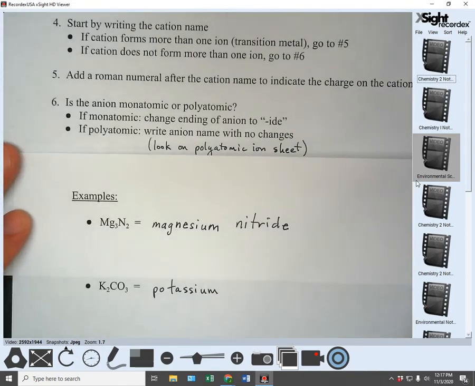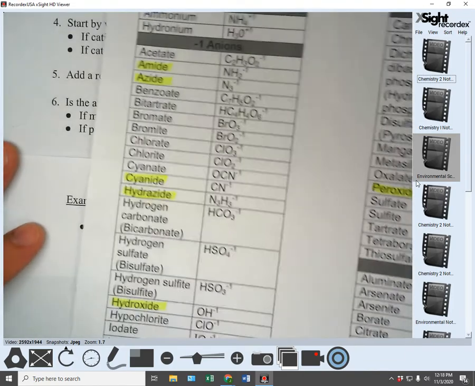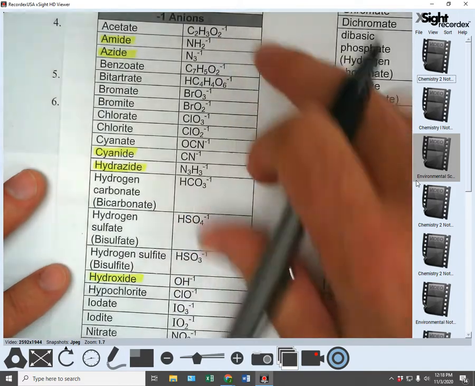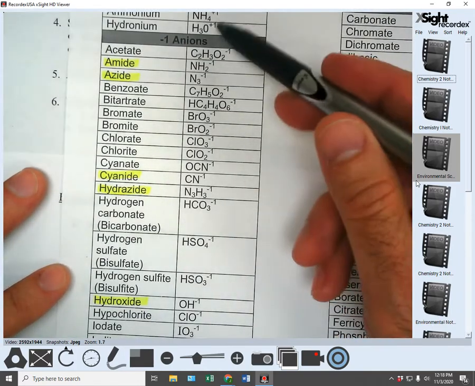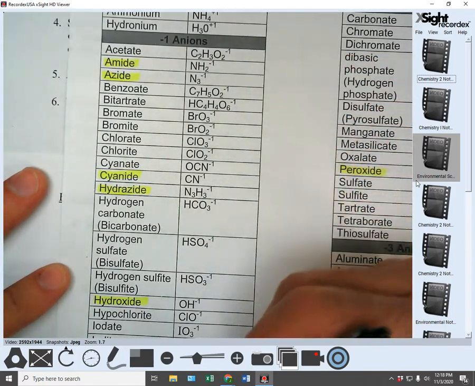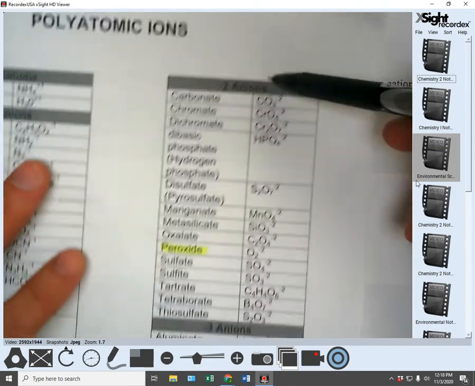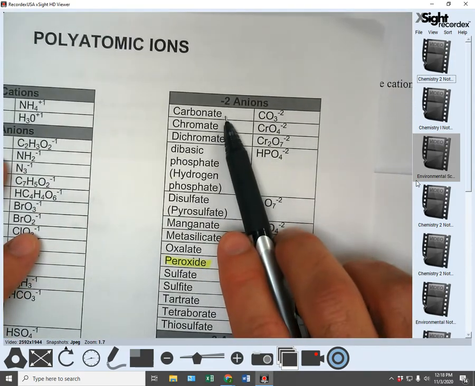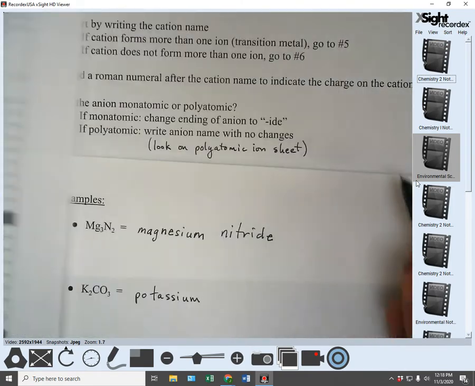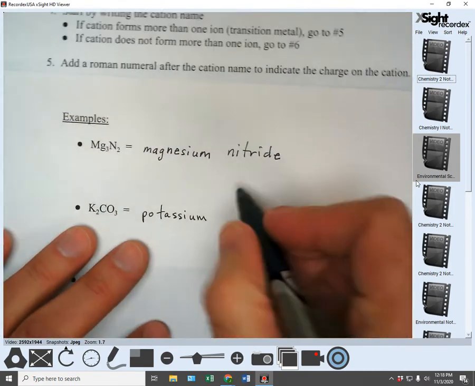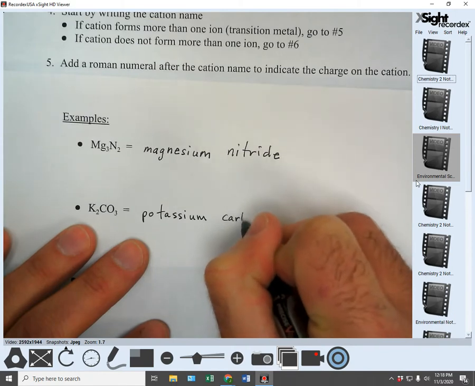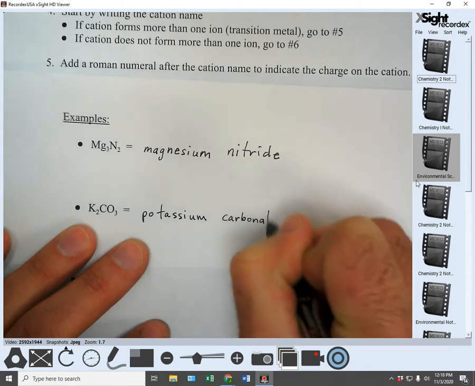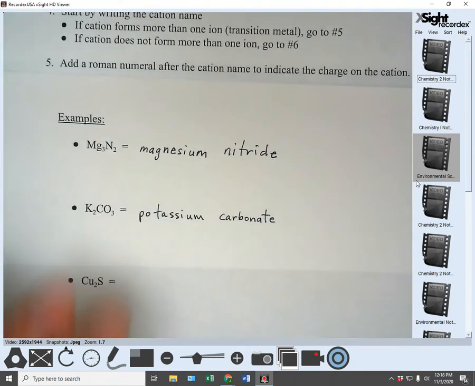We're looking for CO3, so we scan until we find it. Here we go, CO3 with a -2 charge is carbonate. So we write down carbonate, no change. And there we go, that's the name: potassium carbonate.